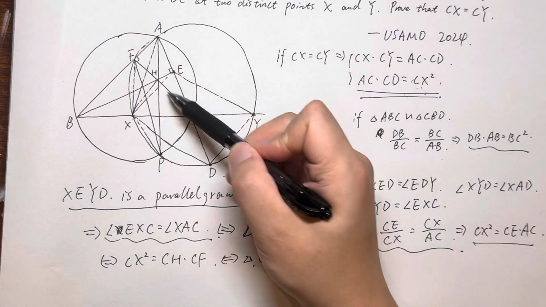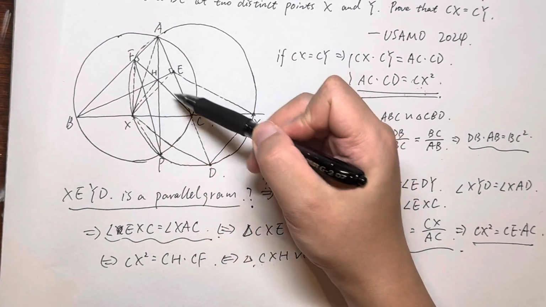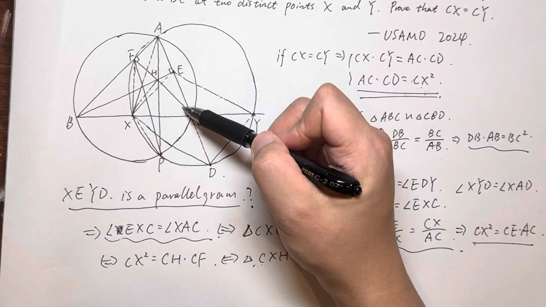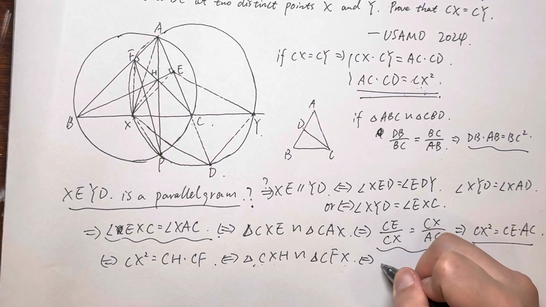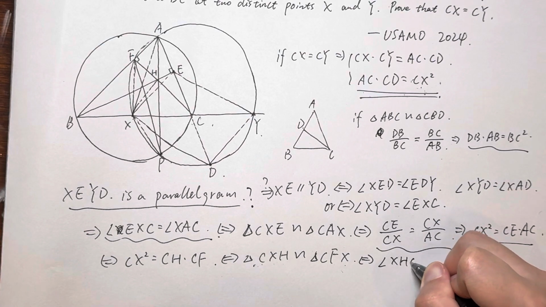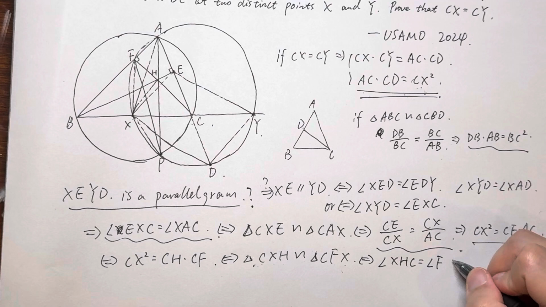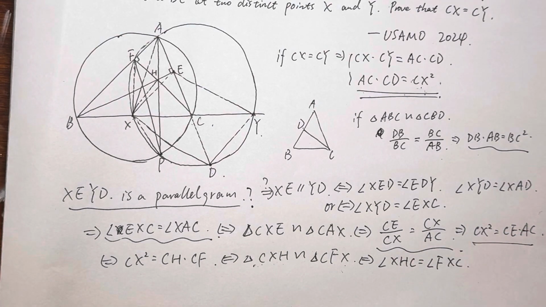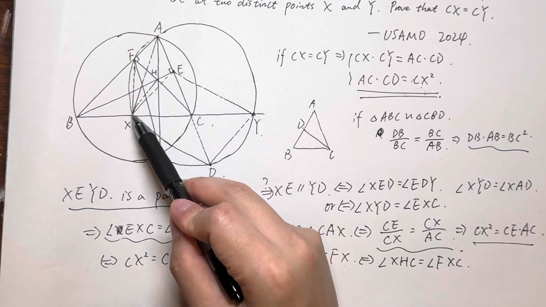We know for these two triangles, they already have a common angle XCH or FCX, right? They already have this common angle. So now we just need to prove that angle XHC equals angle FXC, right? We just need to prove angle XHC equals angle FXC.